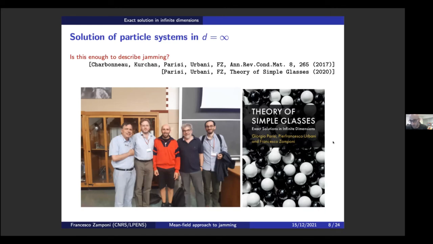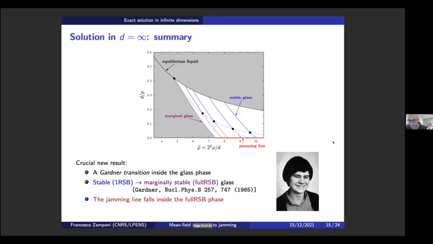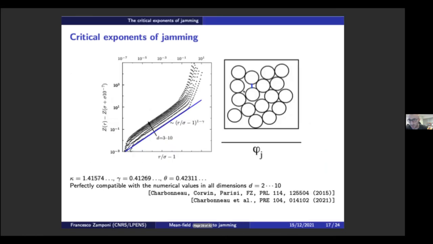Also, I forgot to mention that even without active forces, just with gradient descent, the critical exponents that I described are kind of static critical exponents, related to the structure of the packing, but there are also dynamical critical exponents. The gradient descent has a divergent time scale when you approach jamming, and that divergence has a critical exponent that must be obtained from dynamics.